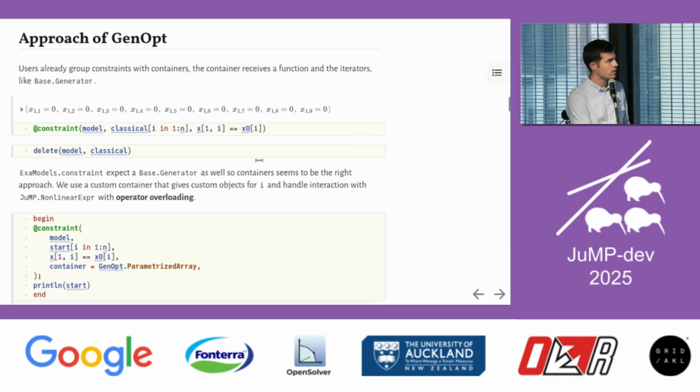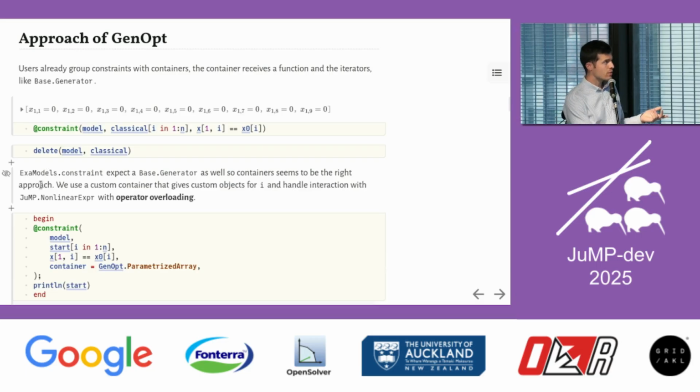Okay. Now, probably existing models will have this syntax, and if you don't want people to have to change their models too much, one way is to use the container keyword argument. The reasoning behind this is that, as you saw, ExaModels constraint takes as interface a Julia generator object, which gives the iterator and the function that gives the constraint for every iterate.